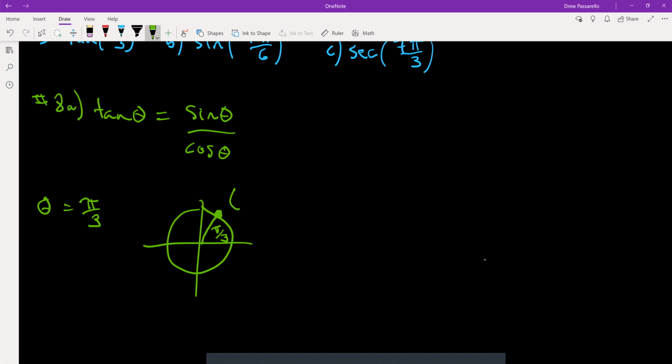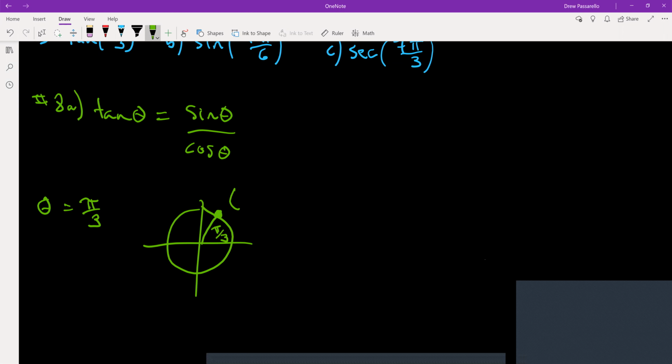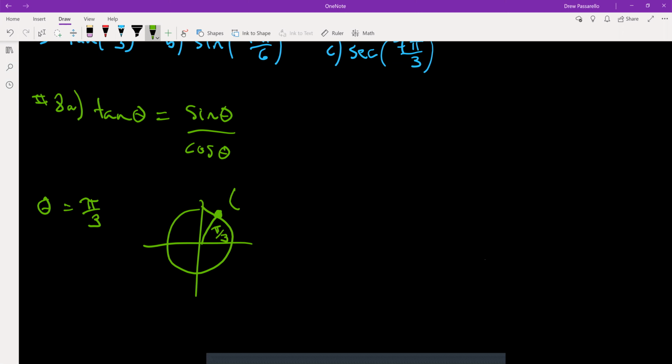I believe it's 1/2 comma square root of 3 over 2. Your cosine value is the x coordinate, the sine value is the y coordinate. This is all review from trigonometry class.